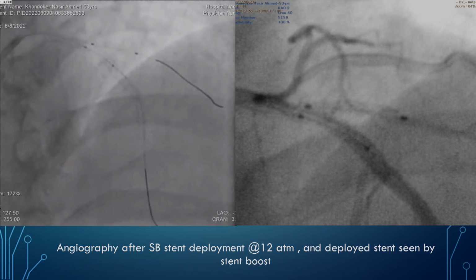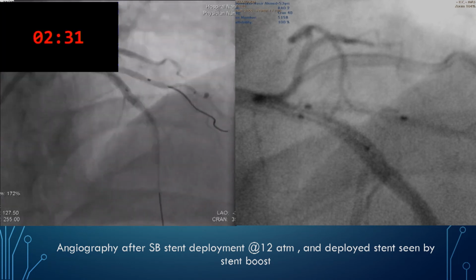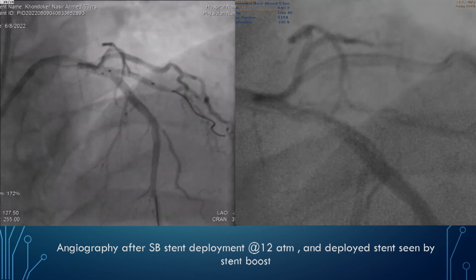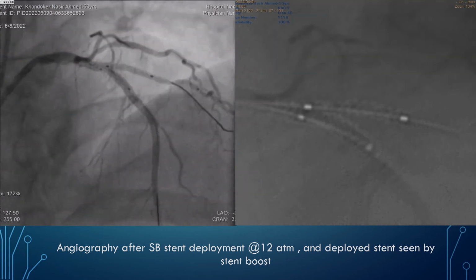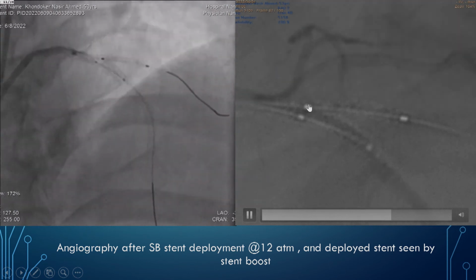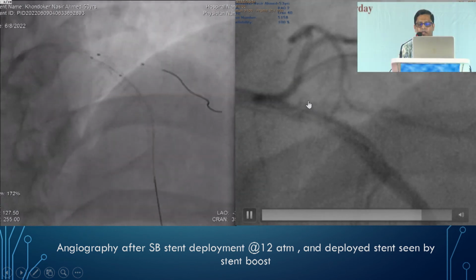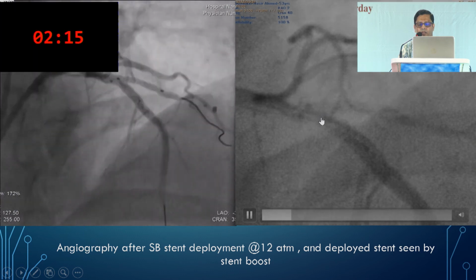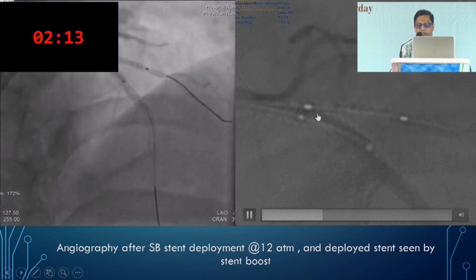And angiography after side branch stent deployment. The deployed stent was seen by StentBoost. You can see here the proximal part of the ostium of the side branch is totally covered by the stent, and at the distal part of the ostium there is a slight protrusion of the side branch stent.